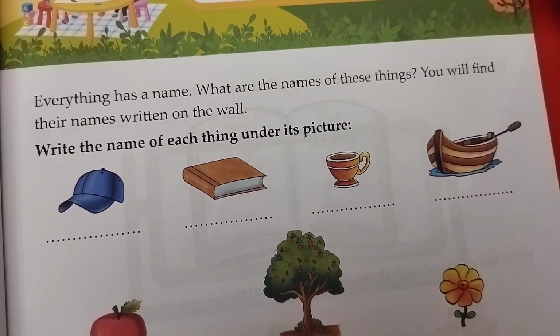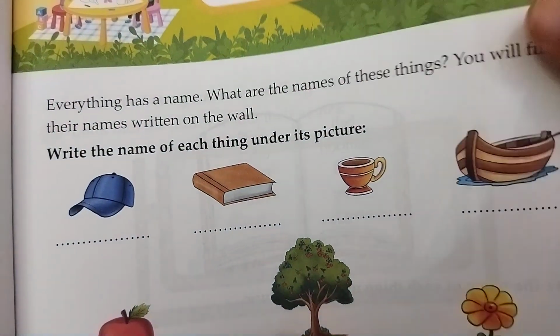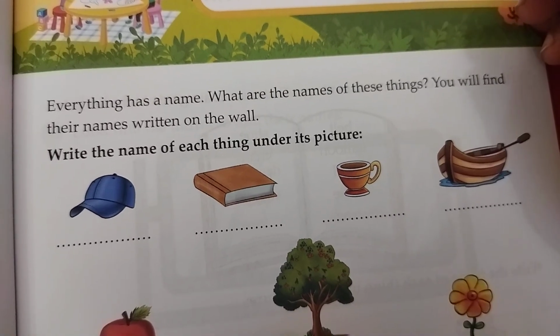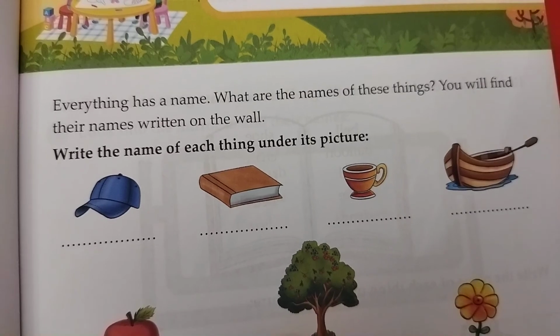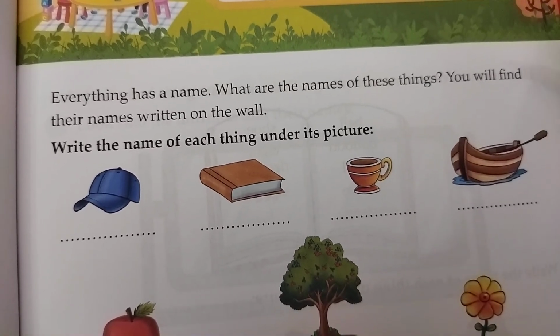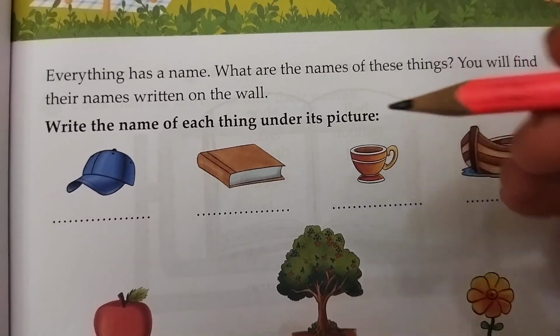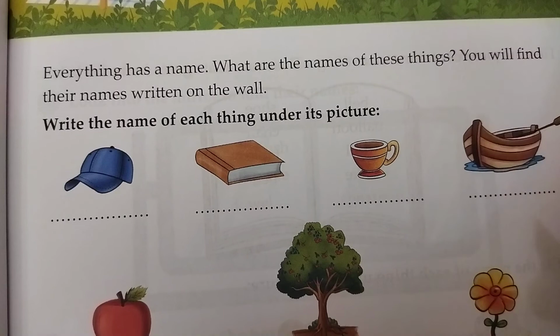For example, this is your book. The things that we see in our bedroom are the bed, chair, sofa, cupboard, clothes, toys, bags, and a lot of things in our room.